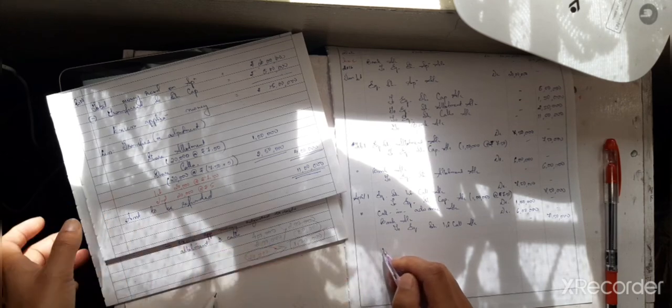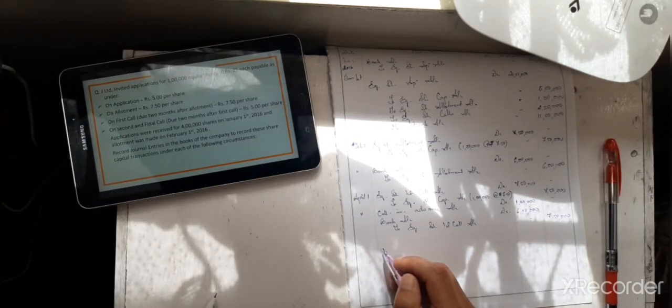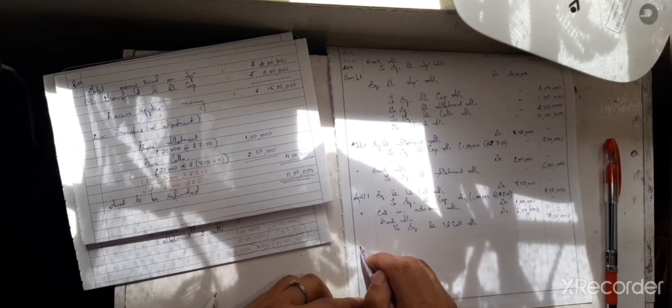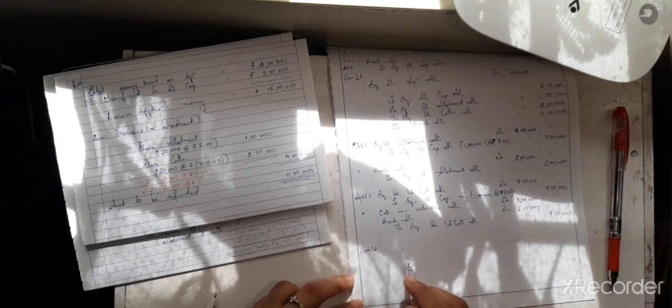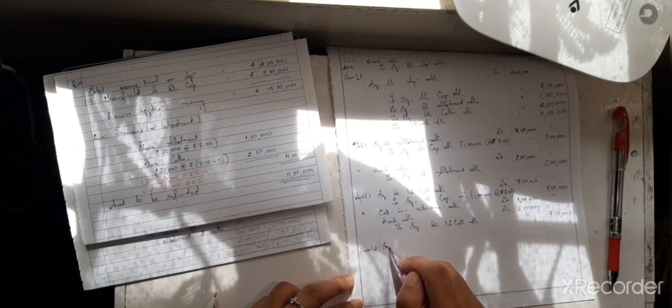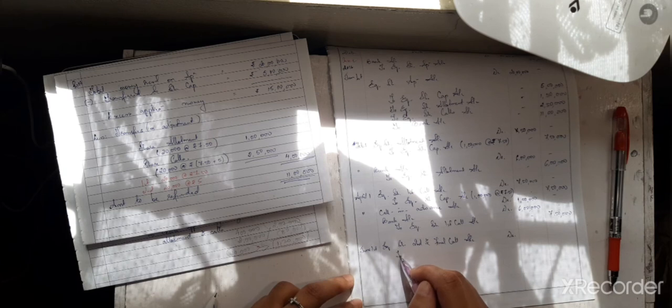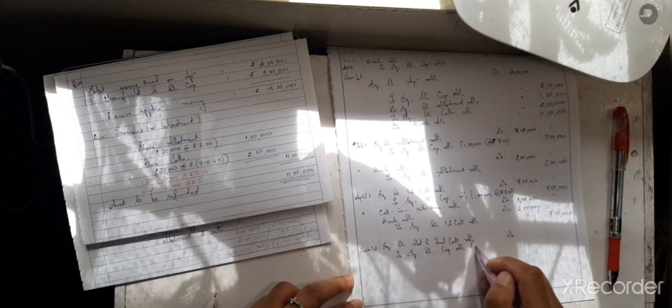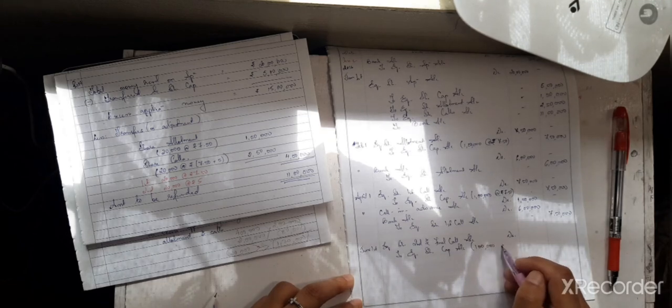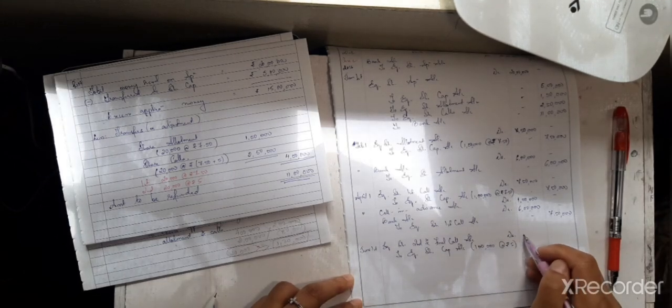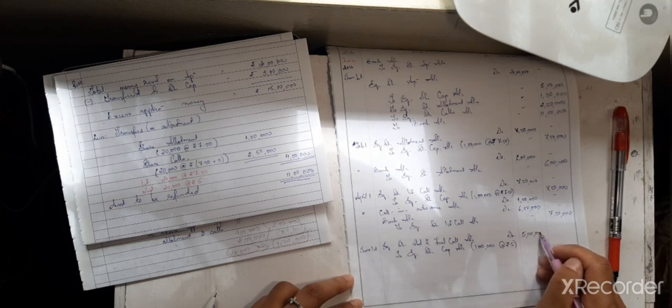So after the first call, now let's make the second call. In case of final call, again they're saying due 2 months after the first call, so on June 1st. Just the same way, we'll first make the due entry: equity share second and final call account debited to equity share capital account, which is 1 lakh shares at the rate of rupees 5 each, amounting to rupees 5 lakhs in total.